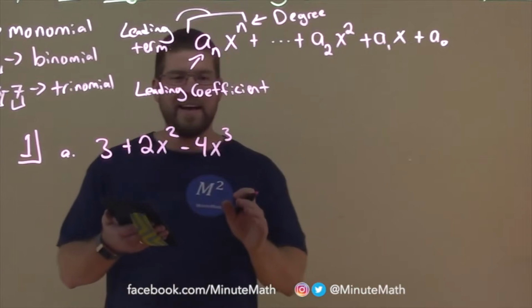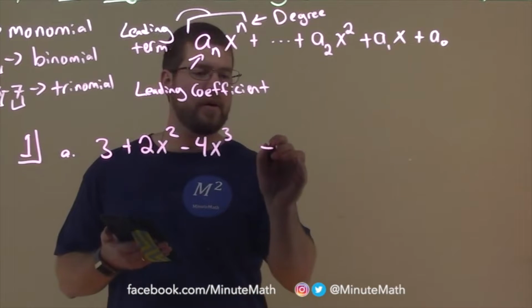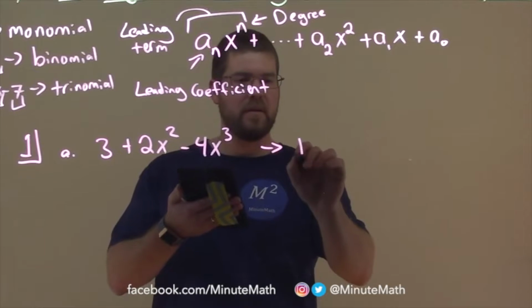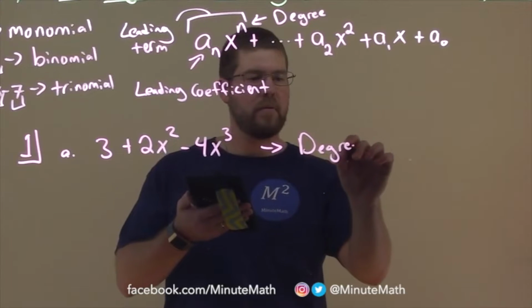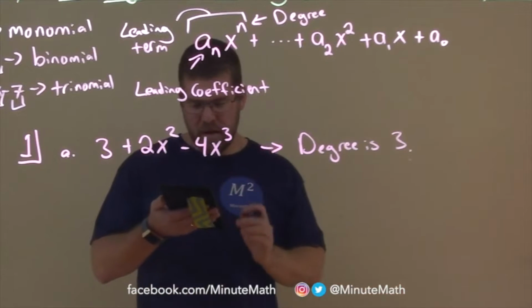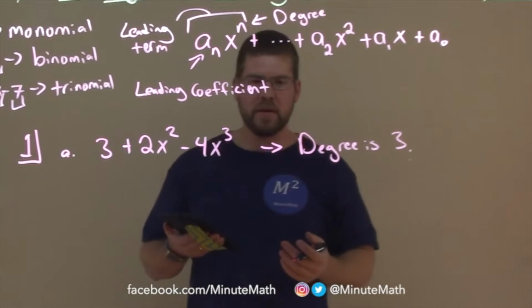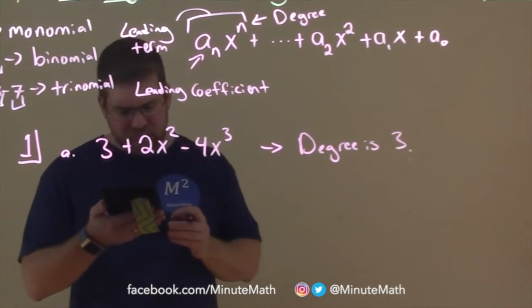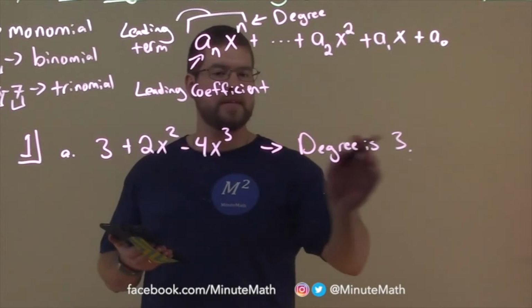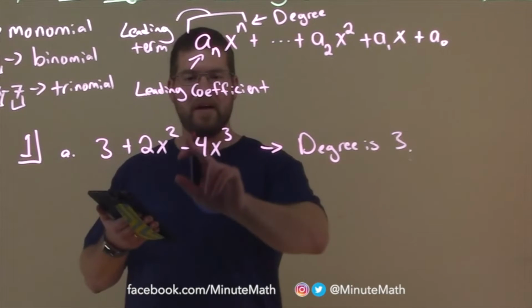So since x to the third is our highest power, we'll say this has a degree of 3. And what's our leading term? Well, that's the whole part that has to do with that highest degree.